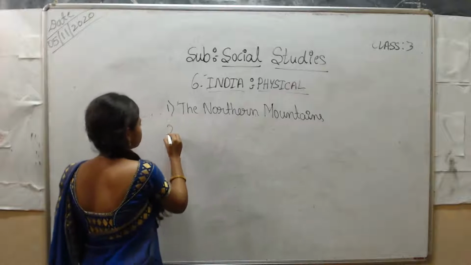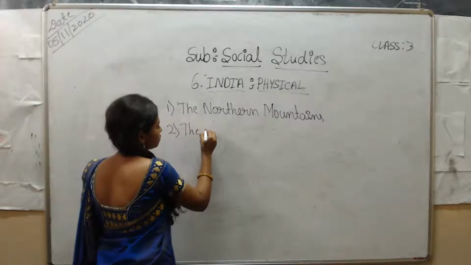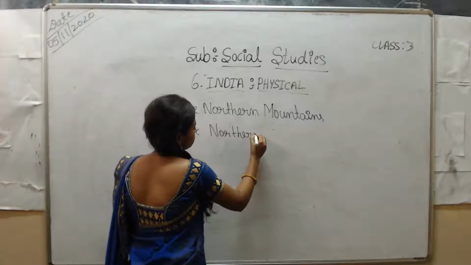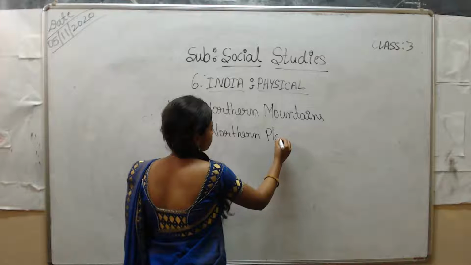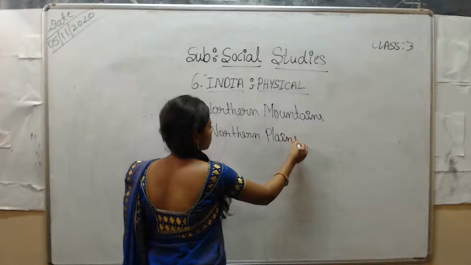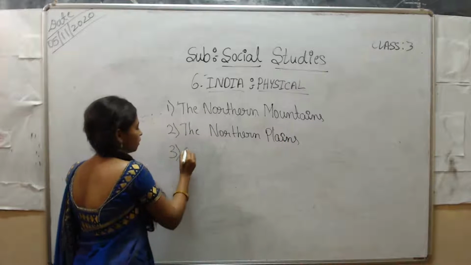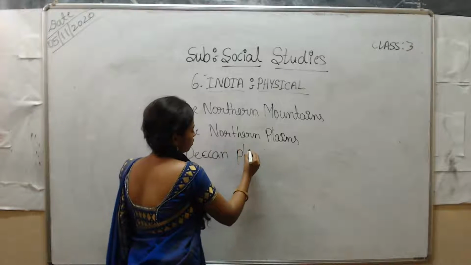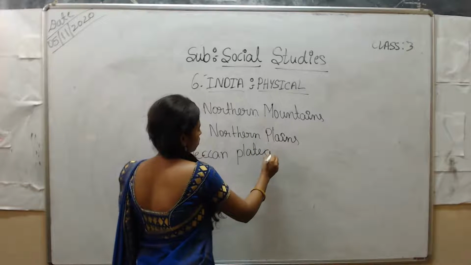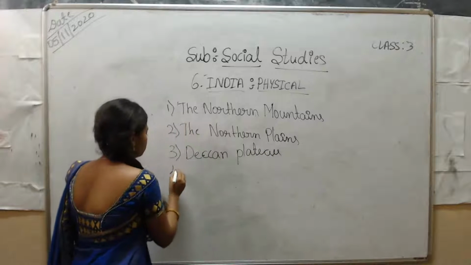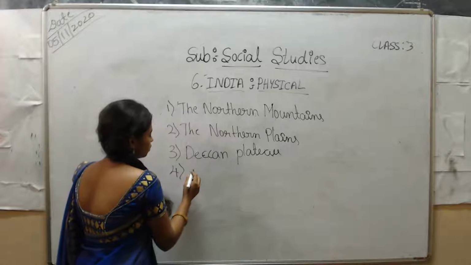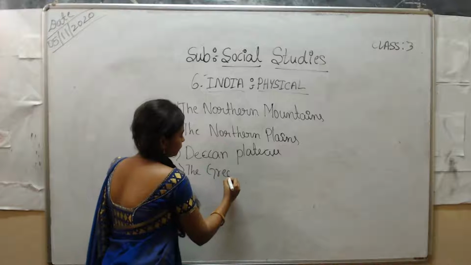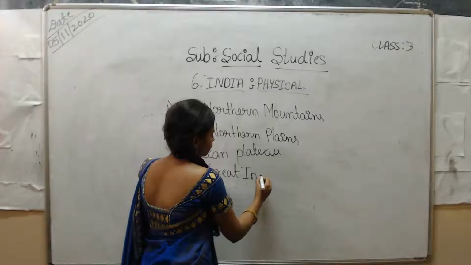Second one, the northern plains. Then Deccan Plateau. Then the fourth physical division, the Great Indian Desert.